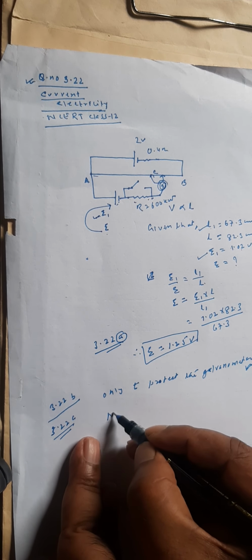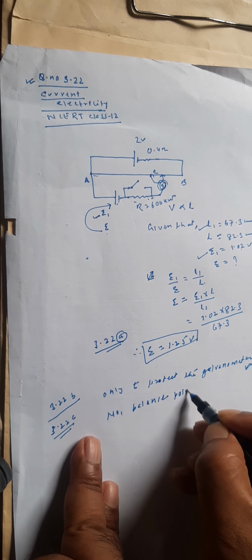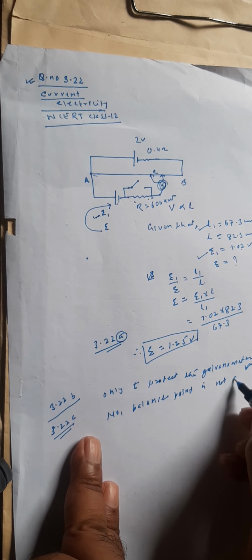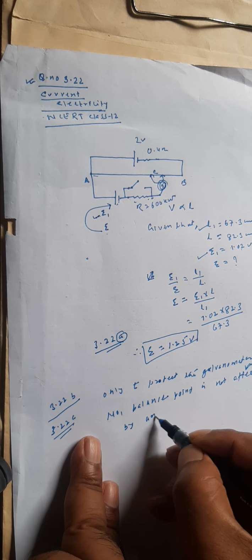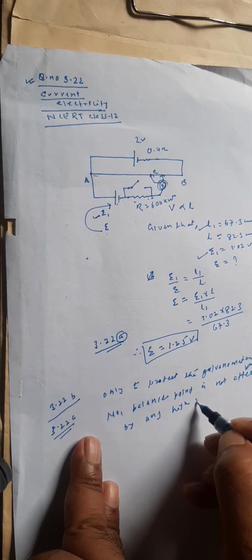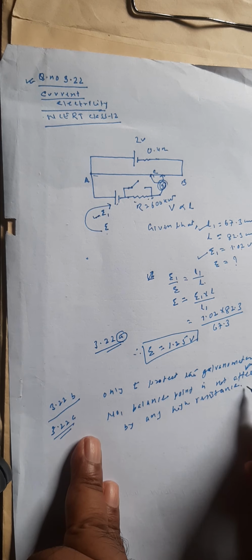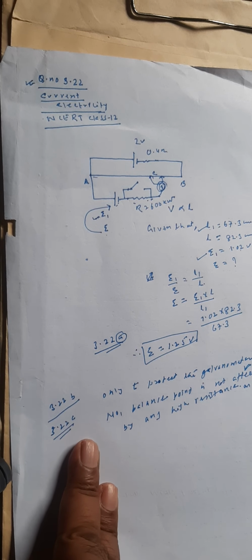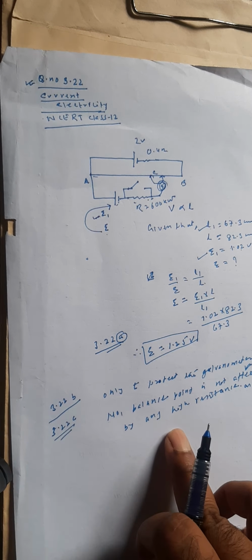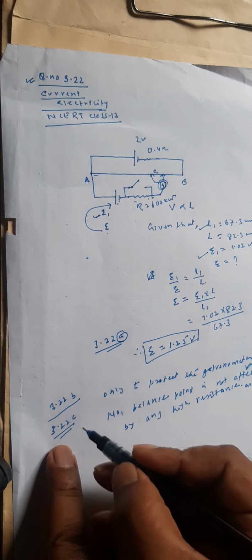No, the balance point is not affected by any high resistance like 600 kilo ohm. So there is no effect on the balancing length due to the high resistance. So this is the C.